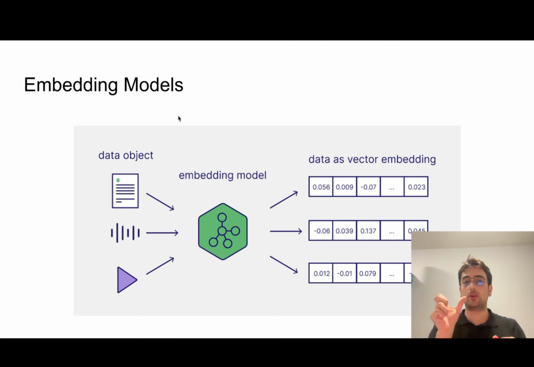So you give a quick sentence, let's say the war between Ukraine and Russia, right? And the embedding model has already embedded all the data. All the PDFs you have are already vectors.